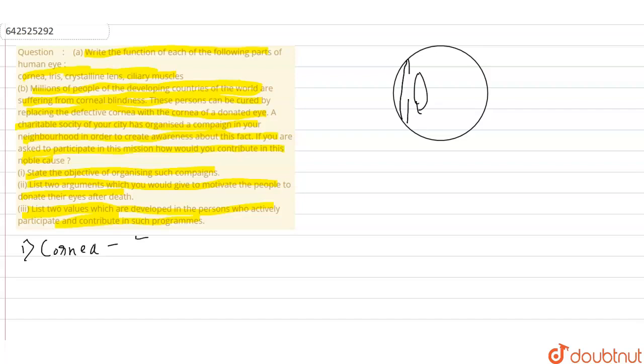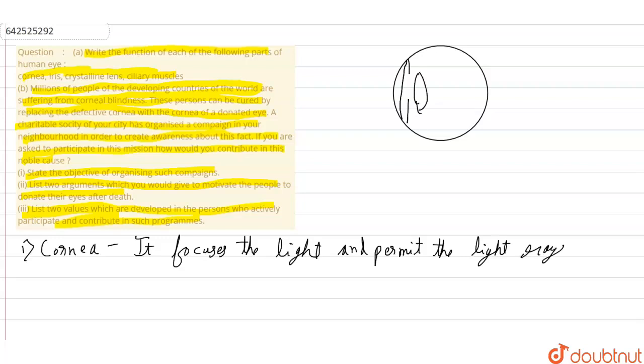The main function of the cornea is that it focuses the light and permits the light rays to enter the eye. So from here we can understand that the function of the cornea is to focus the light and permit the light rays to enter the eye. Now this part is known as the cornea.